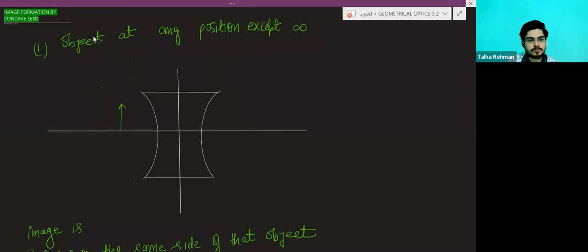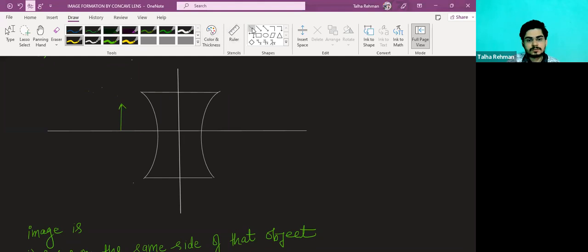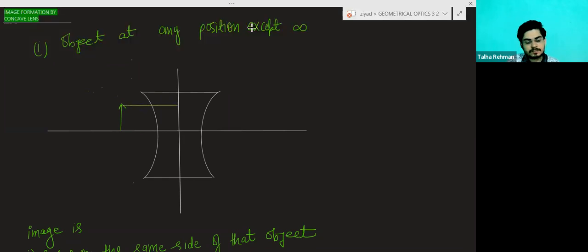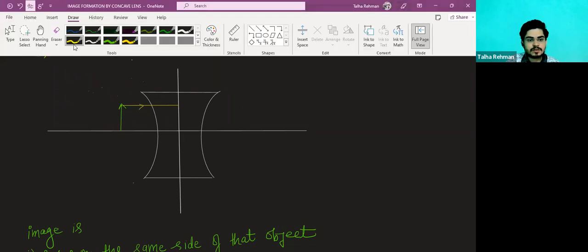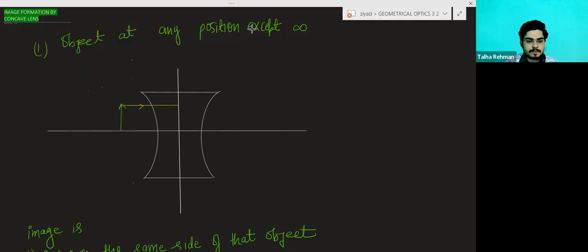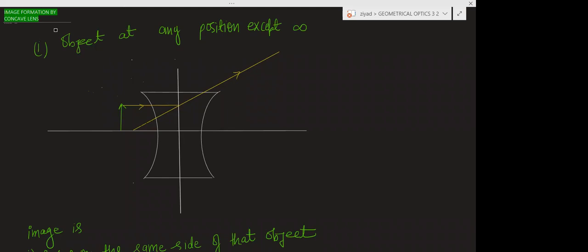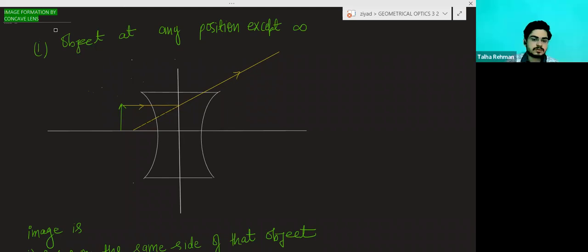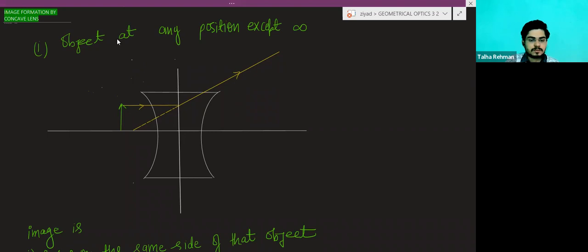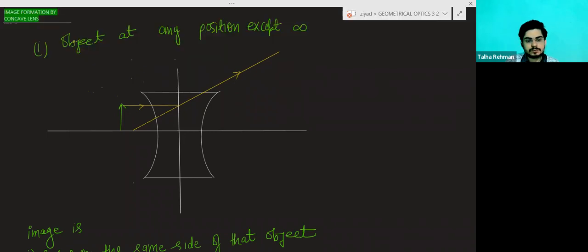And the first ray from the object, parallel to the principal axis. After passing from the lens, what will happen? It will get diverged, and when you produce the diverging ray in the backward direction, it will meet at the focus. So somewhere here it will meet.